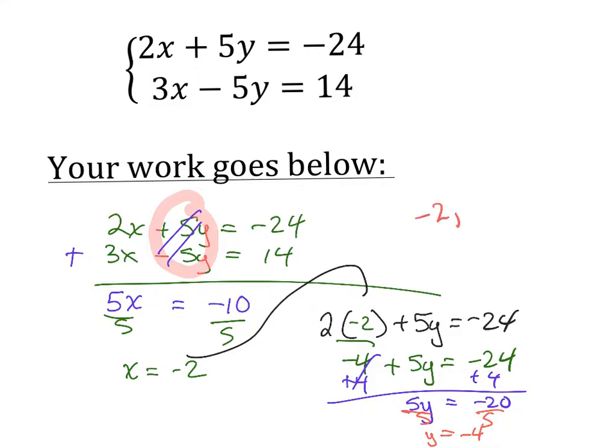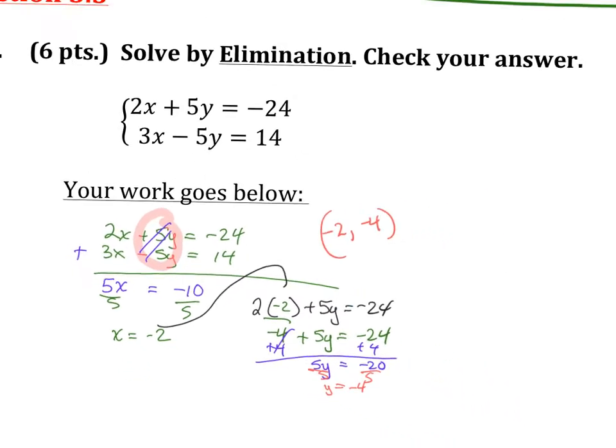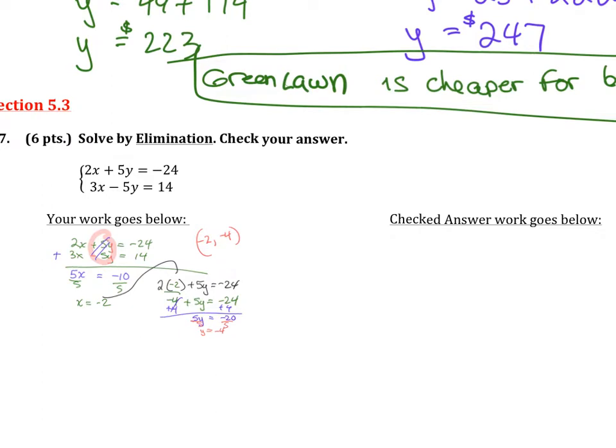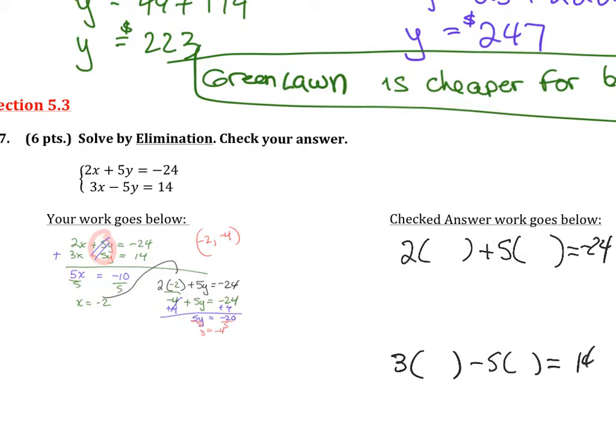So I believe the answer is negative 2 comma negative 4, but remember, we're always going to work through and check our work. So the first equation was 2x plus 5y equals negative 24, and the second one was 3x minus 5y equals 14.